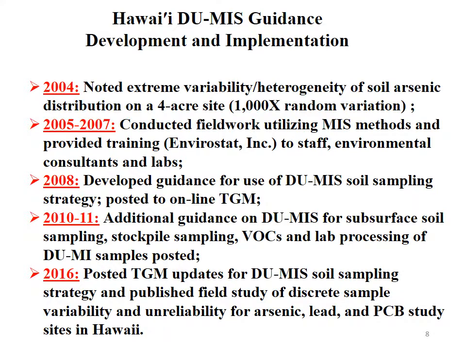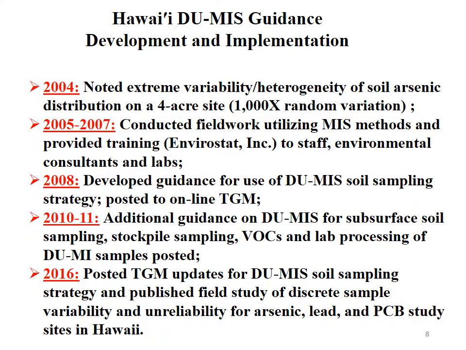That led to identifying a new sampling method, multi-increment sampling, and during the years 2005 to 2007, we conducted fieldwork utilizing MIS, as well as provided training on MIS methods through Chuck Ramsey and Envirostat Incorporated to our staff, environmental consultants in the state, and to labs in the state.